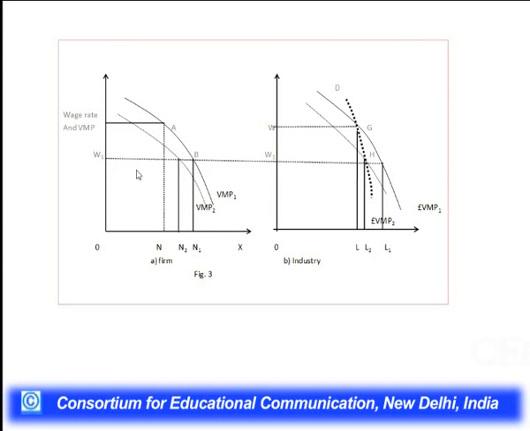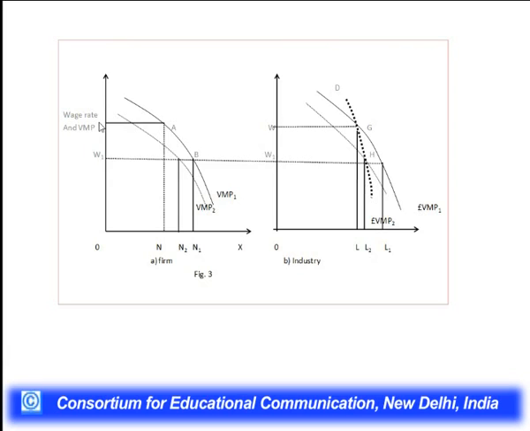Now in figure 3, we have made two diagrams. On the left side, we are showing demand for a factor by a firm, and on the right side, we have shown demand for a factor by the industry as a whole. On the x-axis, we have taken demand for labor, and on y-axis, we have shown wage rate and VMP. Now, we can see that first value of marginal product is VMP1.